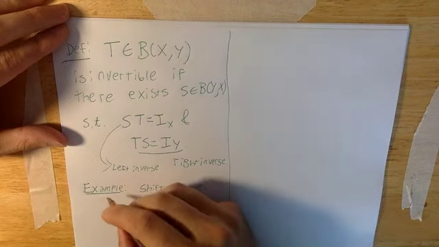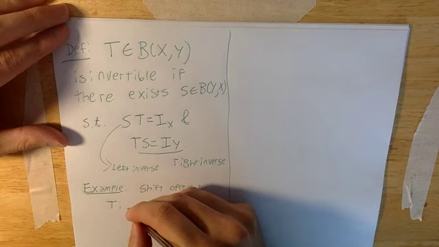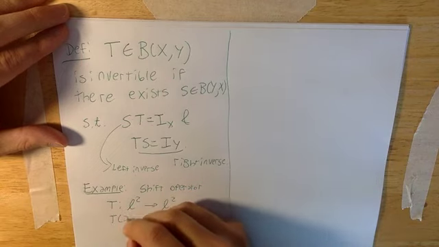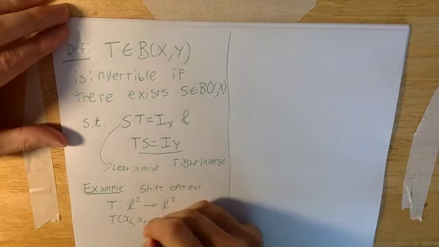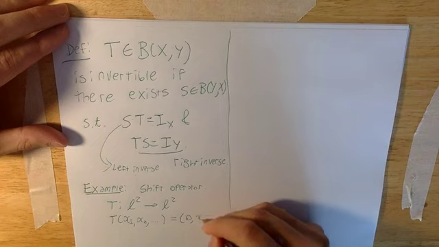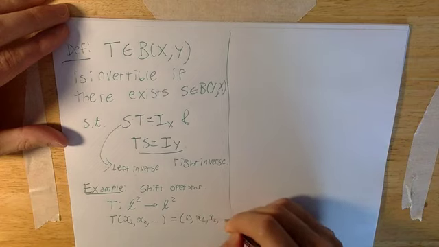Let's call it T, that goes from little l2 to little l2, and this sends T of (x1, x2, and so on) to (0, x1, x2, and so on).